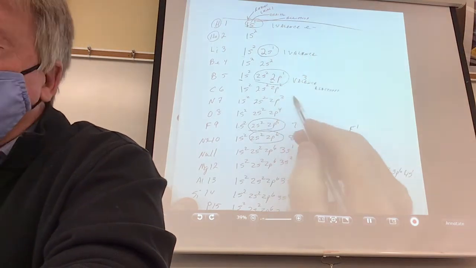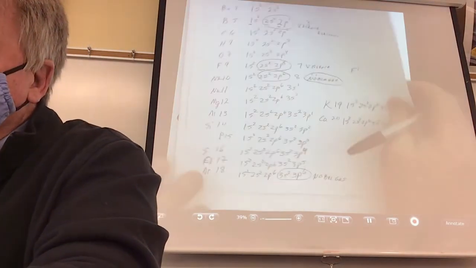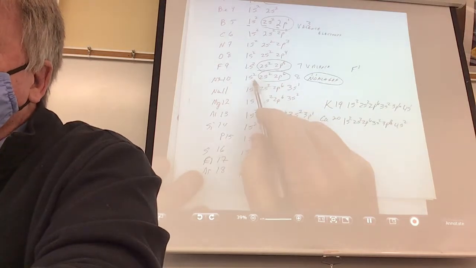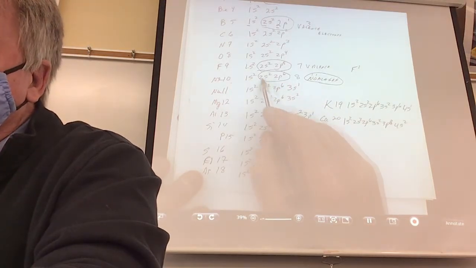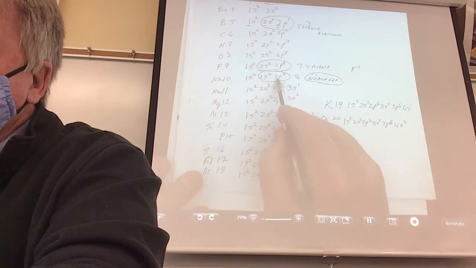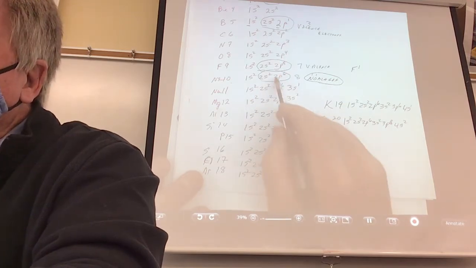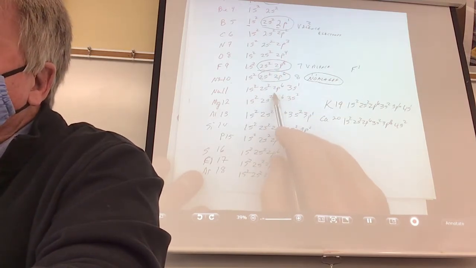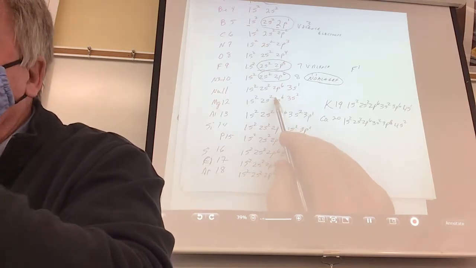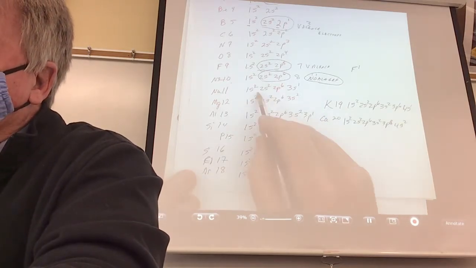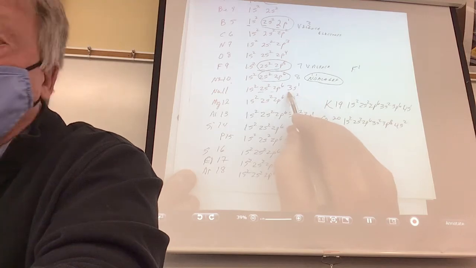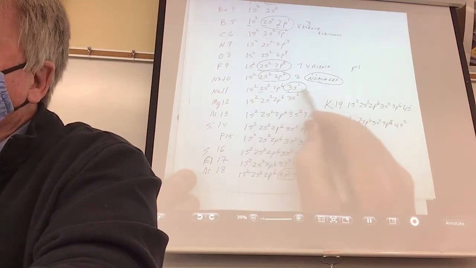Jump all the way down to sodium. Sodium has a total of 11 electrons, but how many are in the outermost energy level? Not level 2, not level 1. My outermost energy level is 3. So how many valence electrons?